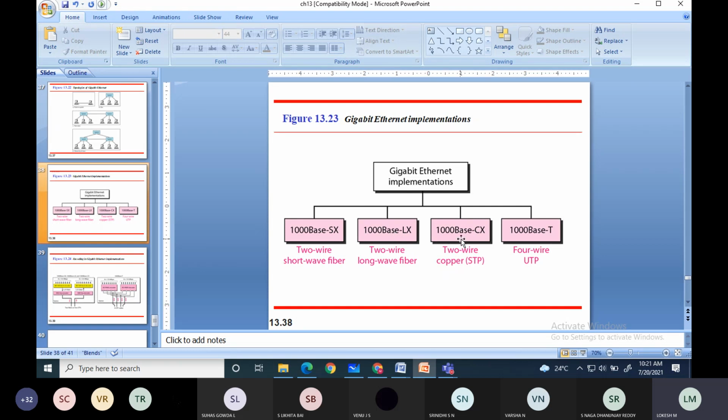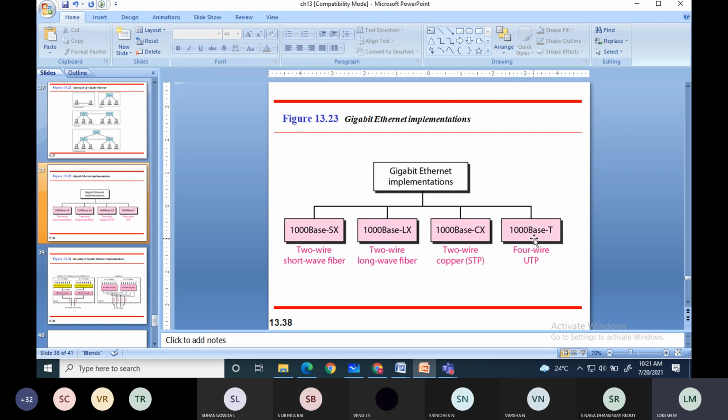And 1000Base-CX uses copper cables, or shielded twisted pair cables, where two wires are used again, transmitting data at 1000 Mbps, again for shorter distances.